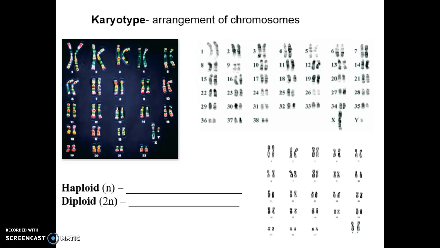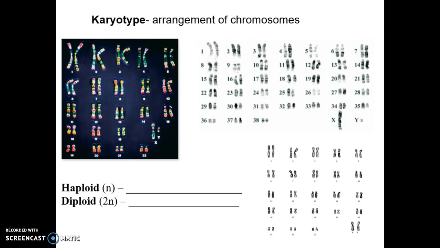When we look at some of these other examples, 39 pairs of chromosomes, or 24 pairs of chromosomes, or however many, that gives us an indication of the species that we're looking at. So chromosome numbers are a good indication of the species, fairly unique to the species. The information within the chromosomes is what gives us variation within the species.